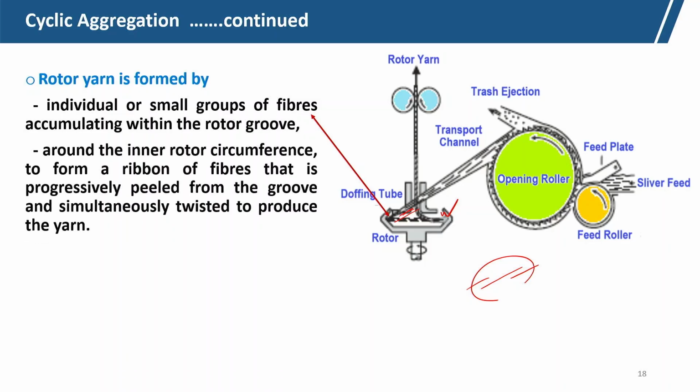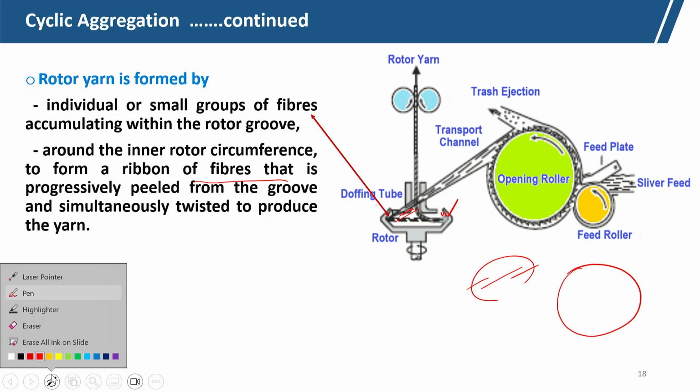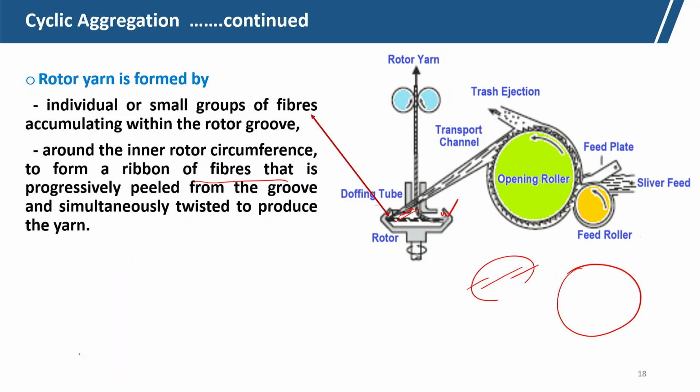Now, around the inner rotor circumference, a ribbon of fiber is formed, that is progressively peeled from the groove. Here these fibers are continuously depositing on the rotor groove, and then these fibers are progressively peeled off from the rotor groove to form yarn.